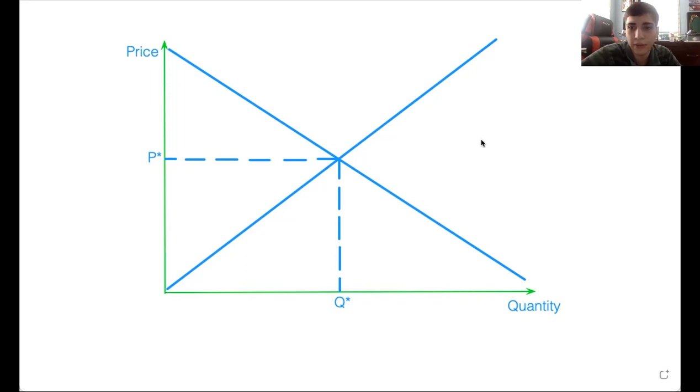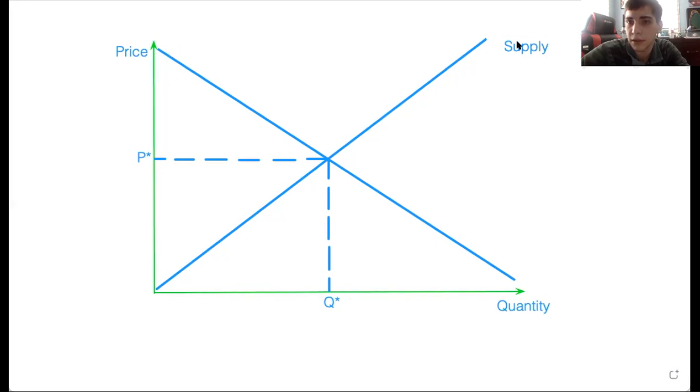So basically you have the simple supply and demand graph. I didn't put my supply and demand graph up, so let me do that real quick. Supply and demand. So that's going to be supply.